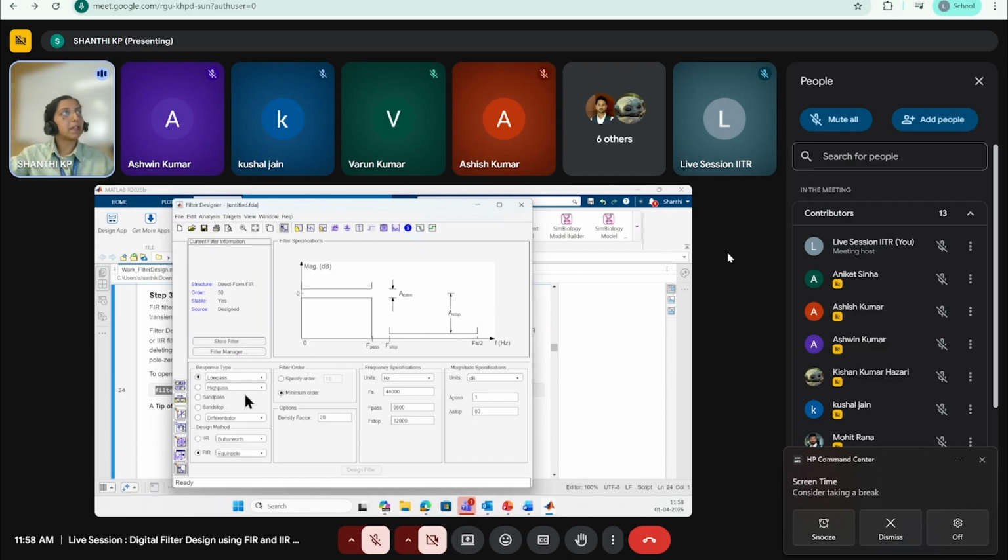And in the design panel on the lower side, this is where the filter design actually happens, where you can give all the filter specifications which we identified in the previous step. Once all the specifications are set, you can click on design filter, and you will see the responses on the upper side of the filter designer app. So this is about the filter designer interface.